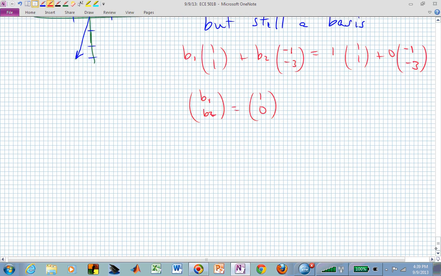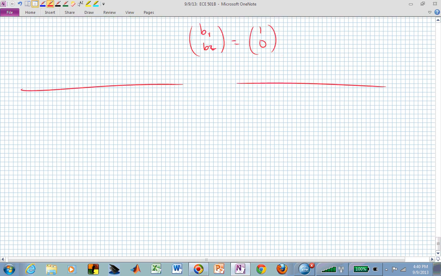Let's look at some more examples of combinations of vectors. Suppose that I give you a set 0, 1. And again, we're still working in R2. Is this set of vectors a basis? Hopefully it's clear that that's not.